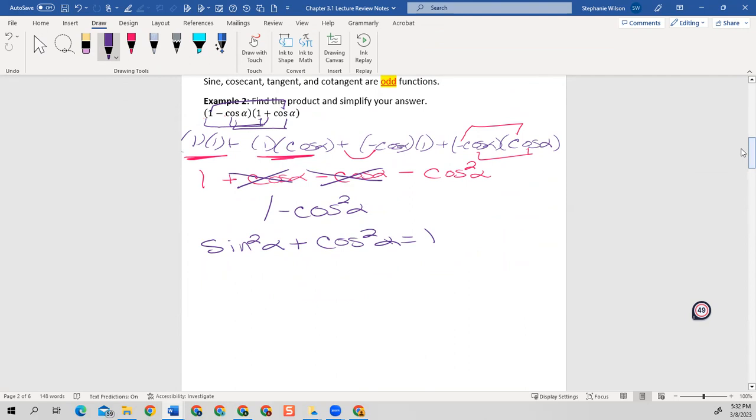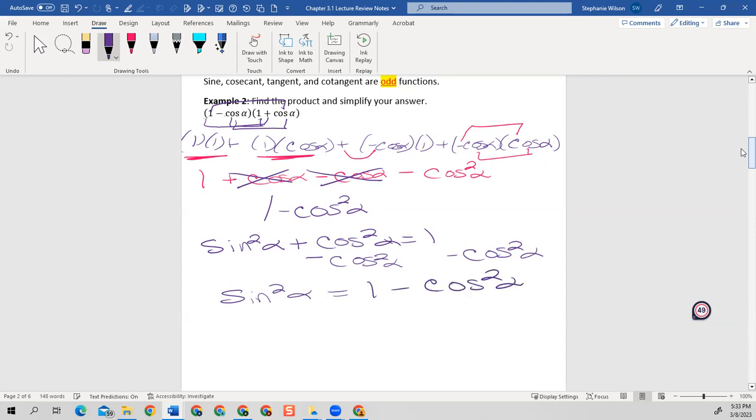So we can subtract the cosine squared of alpha from both sides. And now I got sine squared of alpha is equal to 1 minus cosine squared of alpha.